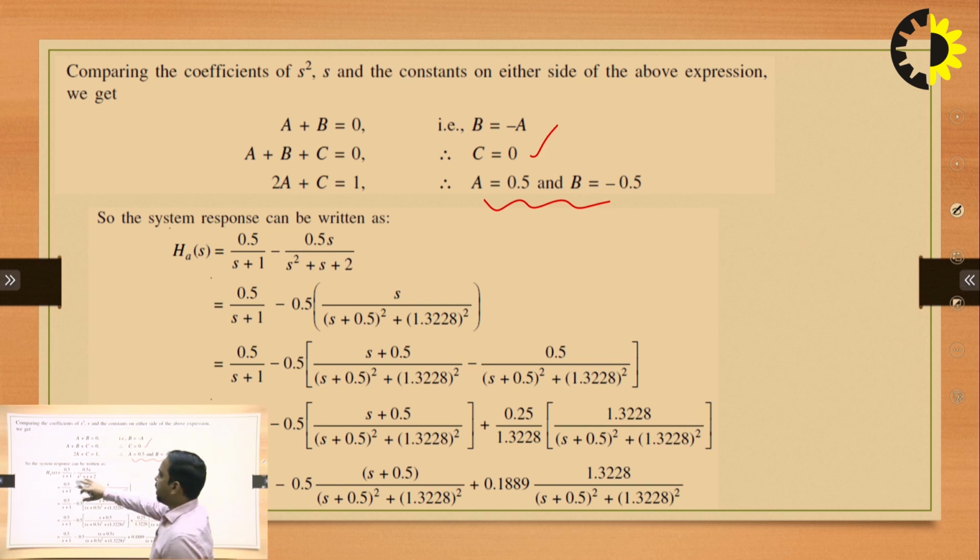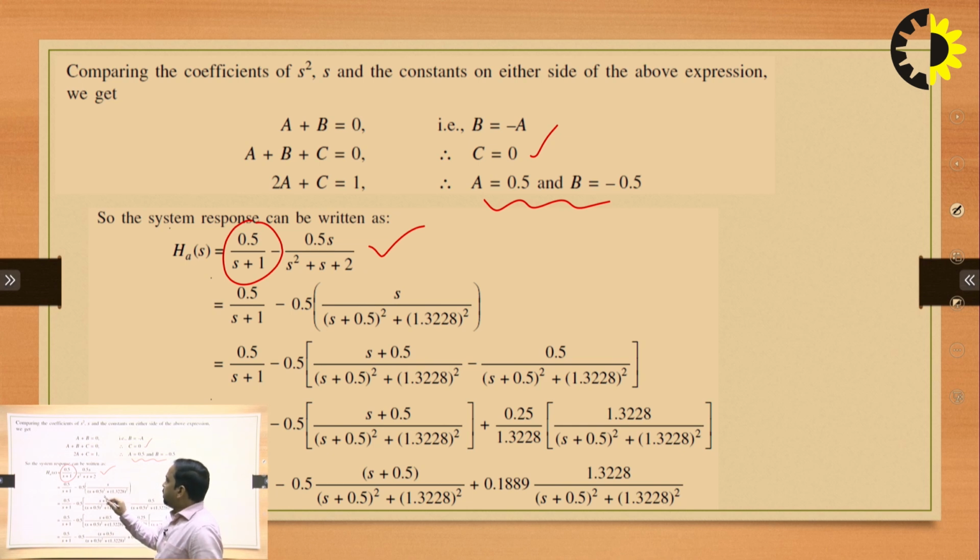So we can represent now, this is H of s. Now again, this is not in a standard form. Since it is a simple pole, we are already aware, we can directly write down the respective h of z, but this is not in a standard form. So to make this in a standard form, we'll make this a whole square. So s plus 0.5 whole square, by adding and subtracting, and we can make this a whole square.